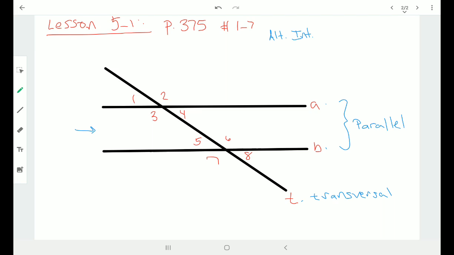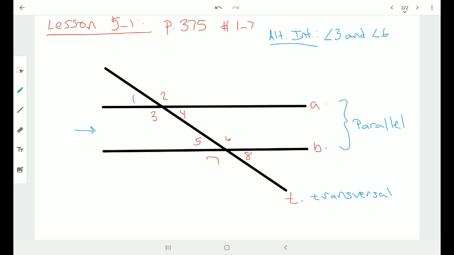All right. And if you think about alternate, right? Alternate kind of means like opposite almost. And if you look at this, an example would be like angle 3 and angle 6. So alternate interior angles would be considered angle 3 and angle 6.